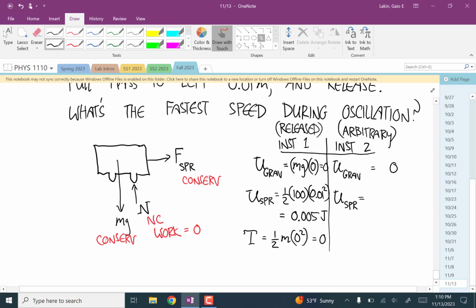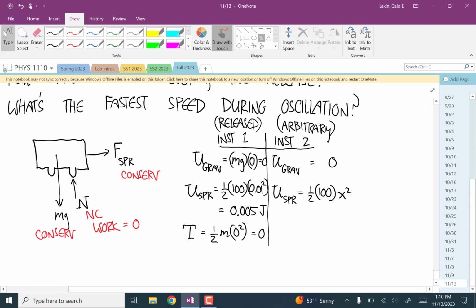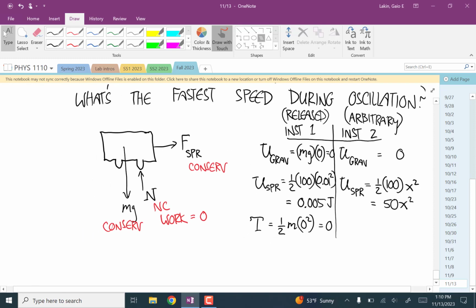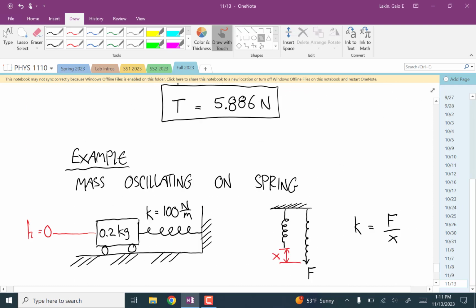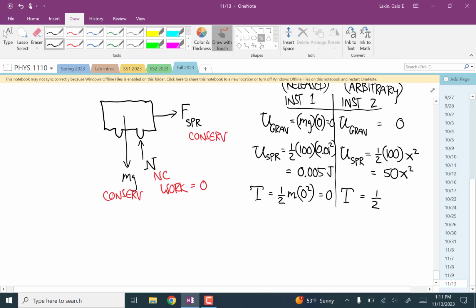Okay, so this is 1/2 times 100 times x squared, or in other words, 50x squared. And the kinetic energy is 1/2 times the mass, 0.2, times the speed squared.